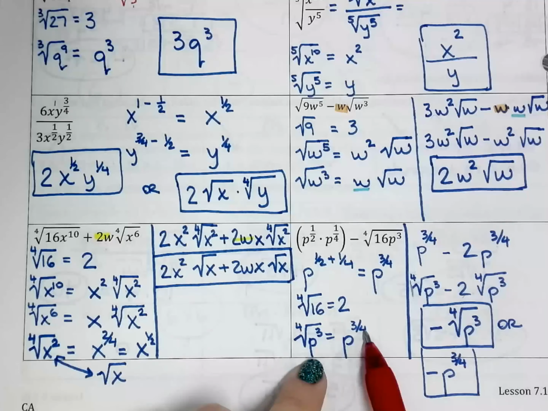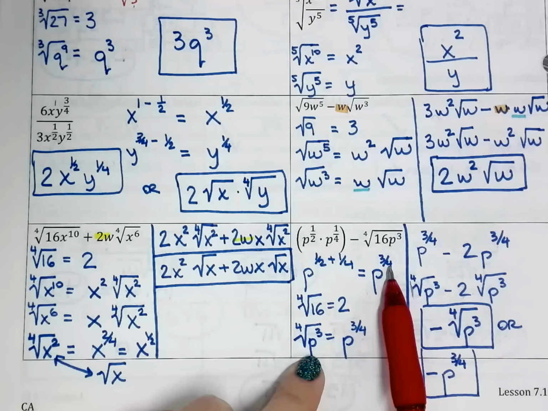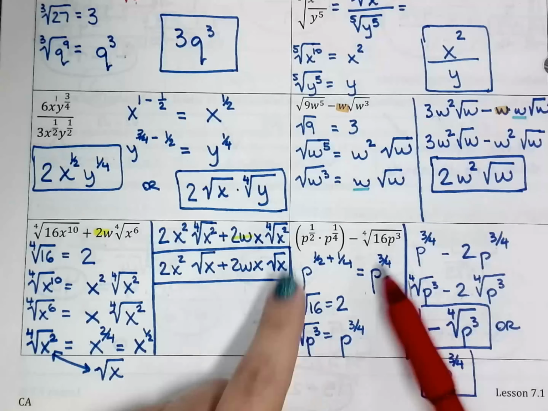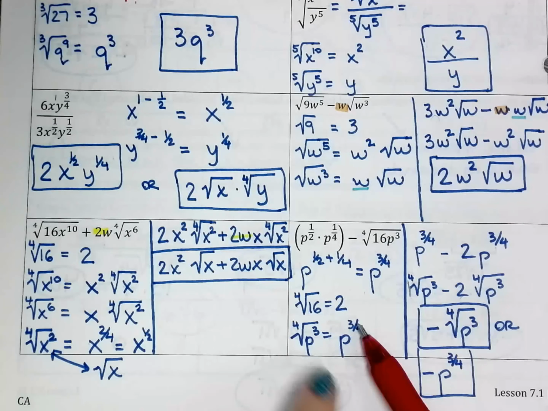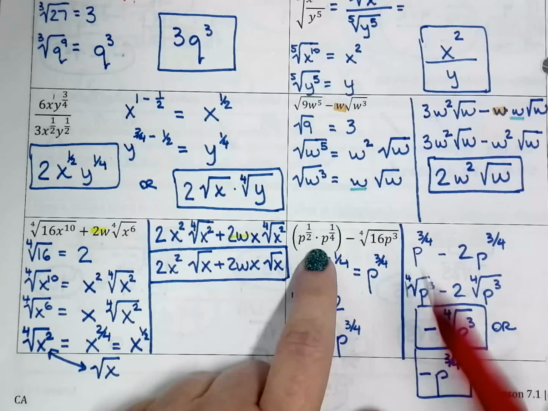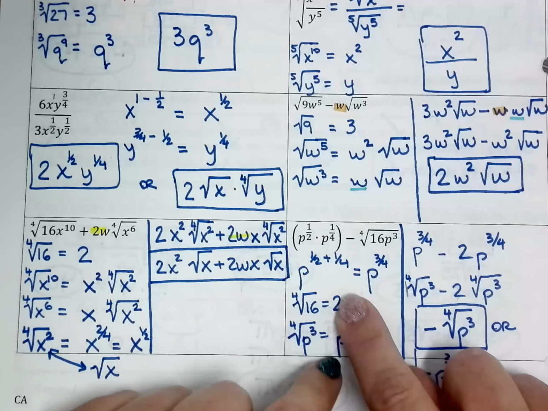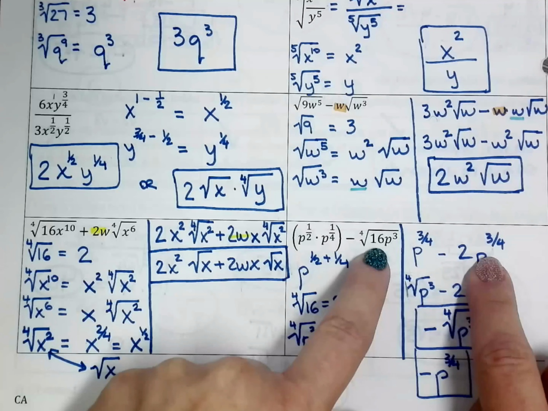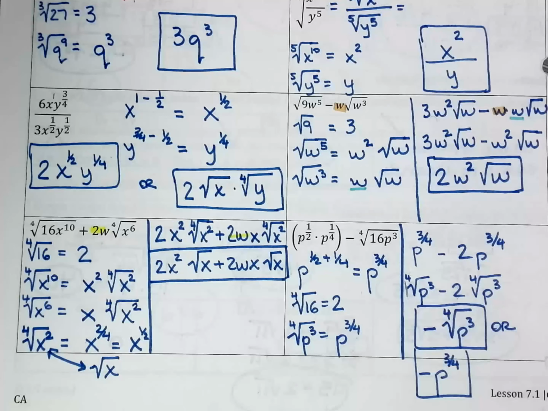That's why here I just changed it back to the rational exponent form, because I can go back and forth between the 2 forms, but there's nothing I can do if they're different. I can make them the same. That's what I had to do here. So from here, that's the result from this one. And here 2 p to the power of 3/4 is the result of this one. So now that they're in the same form, I can put them together.